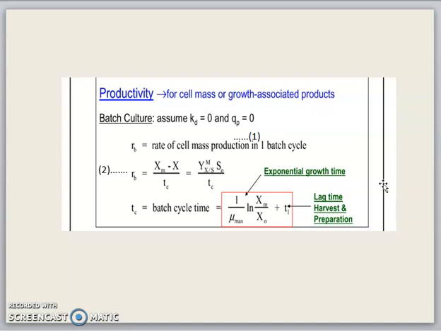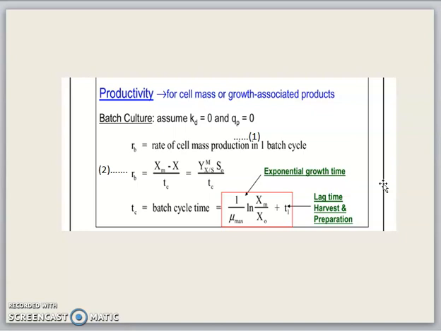There is no death rate. And the Qp is equal to 0. The rate of product formation at the beginning is equal to 0. The product starts to be produced as the cell is growing.